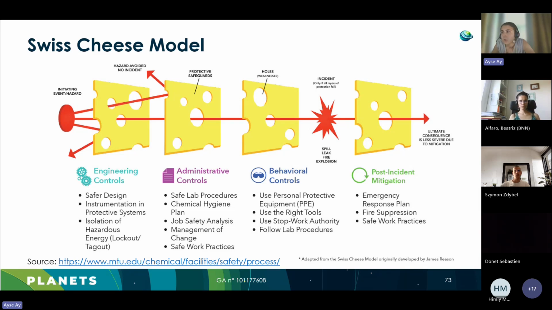As long as the holes do not align, the hazards stop, and they don't lead to any accidents. However, if all layers fail at the same time, an incident can occur. These layers of protection can be grouped into four: engineering controls, administrative controls, and behavioral controls, as well as the post-incident mitigation.